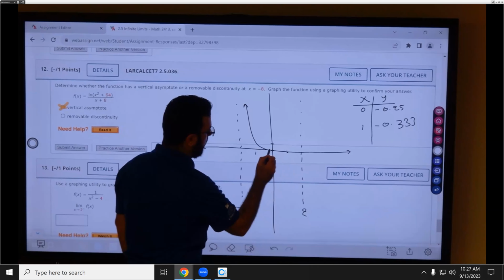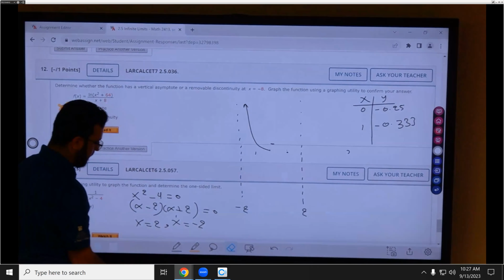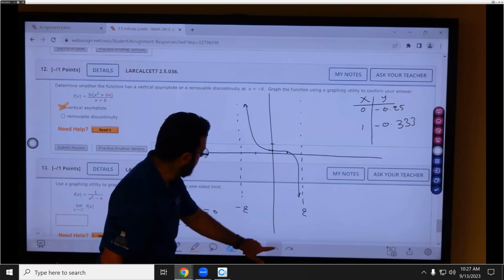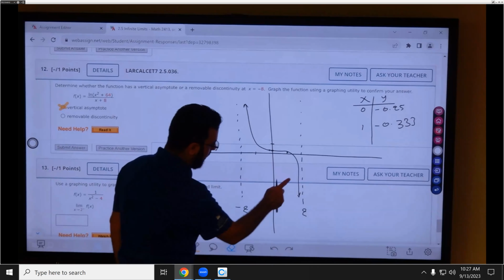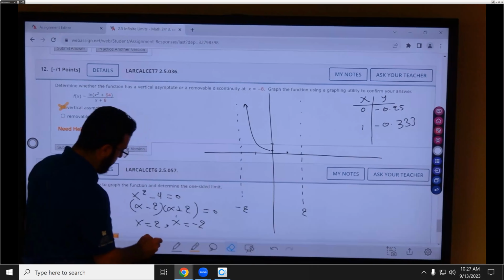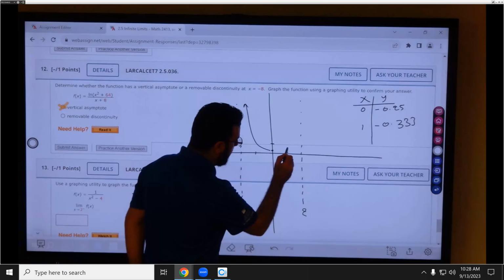You can go back, undo, the lower back arrow. Now that means this one is a little bit up.